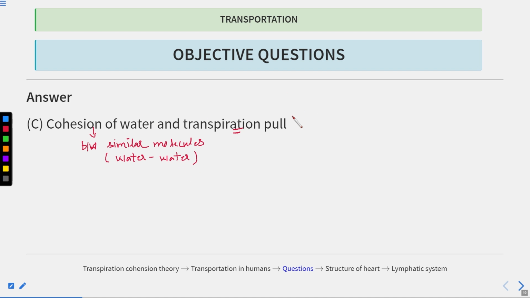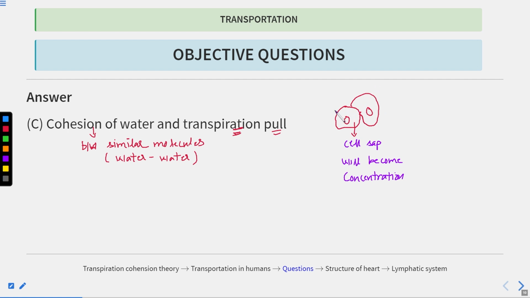Transpirational pull, we already know it is generated with the help of transpiration. So we have already studied. If this was a mesophyll cell and there is one more mesophyll cell. So here, due to the transpiration, the cell sap, we have already discussed in the previous lecture, will become concentrated. Why will it become concentrated? Because of the loss of water due to transpiration. Now what will happen?